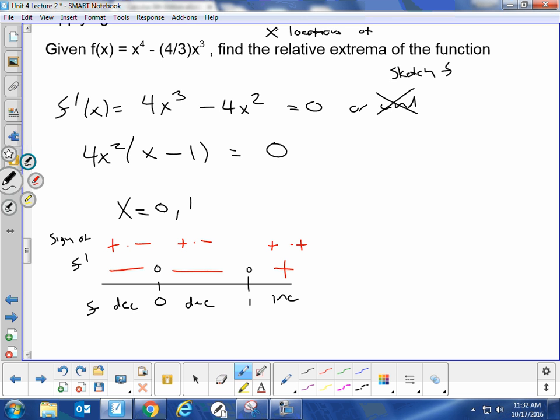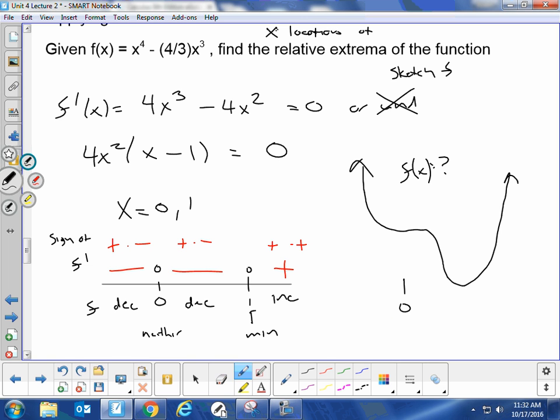Can we try to sketch something like that? Decreases, flattens out, decreases, increases, maybe something like that. Right? Only this is going to be at 0 and this is going to be at 1. And we can actually find those specific locations if we plugged in 0.